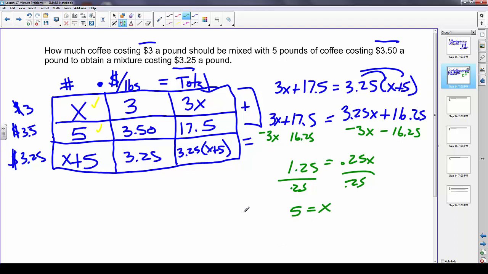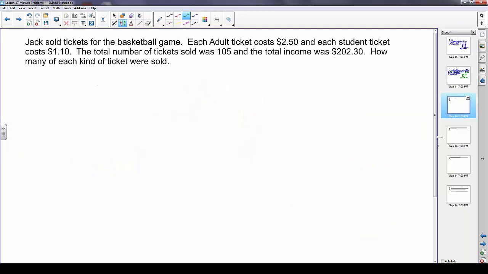Doesn't mean 5 is always going to be our answer, but in this case it is. So at this point, they wanted to know how much of the 3-pound coffee I have to put in. The 3-pound coffee is my x value, so I say 5 pounds of $3 per pound coffee.